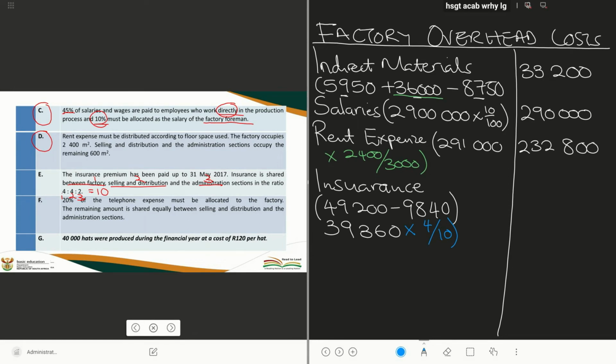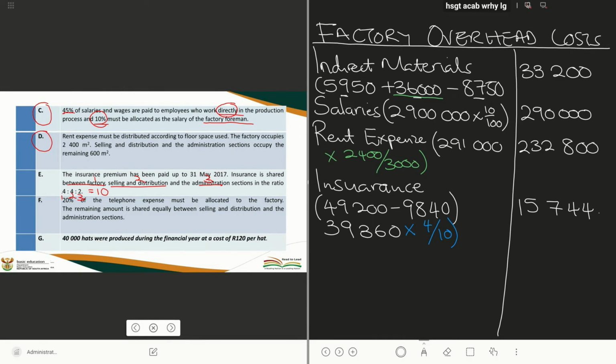Punch it again. You say 39,360, all right? Multiplied by 4 over 10. And it will give you definitely 15,744. That is on the insurance.